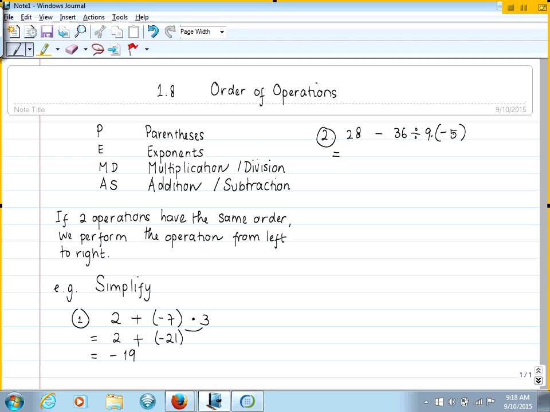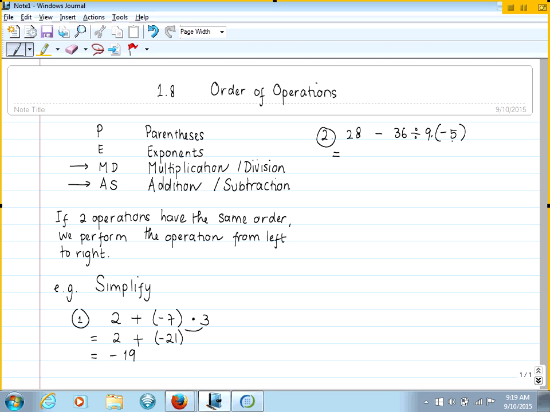So multiplication and division, which one has the higher order? Same order. So these two are the same. Multiplication and division, they have the same order. So if it's the same order, then what happens? From left to right. Yeah, so which one is the left? Division. So we do division first.